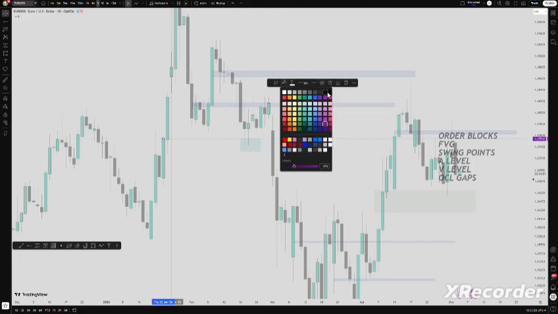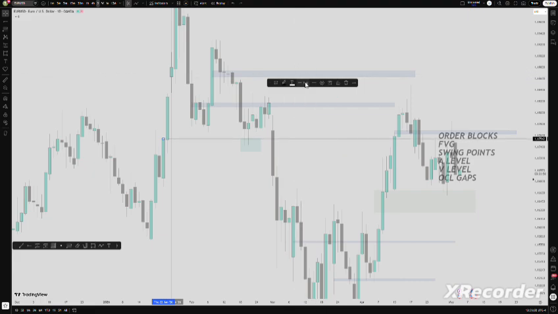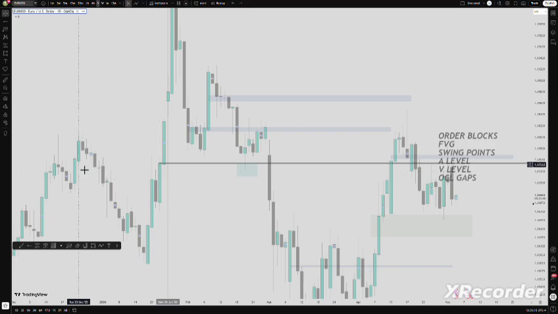Let's make this black so that you won't get confused. Look at price reacting from this level. That's an OCL. Look at this, an expansion candle followed by an expansion candle, the distance between the two closing prices.